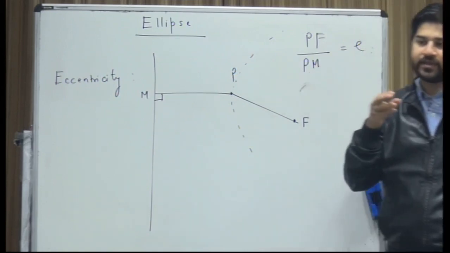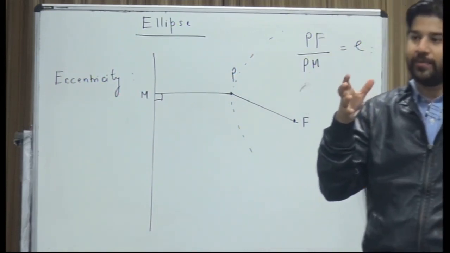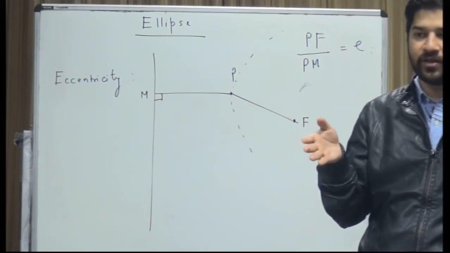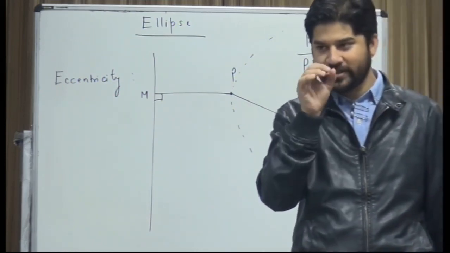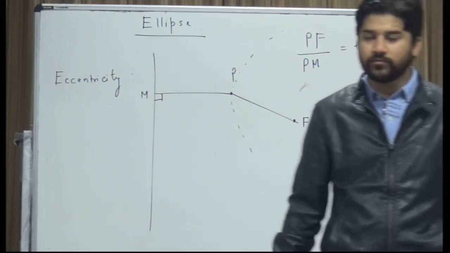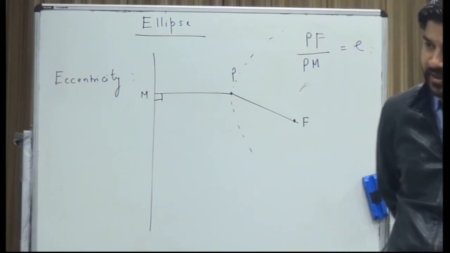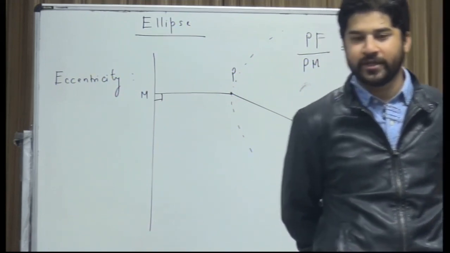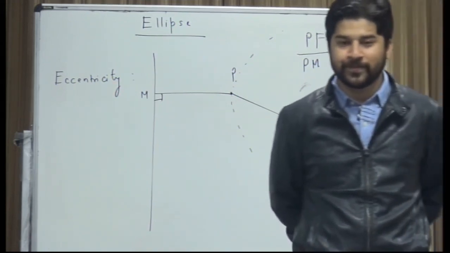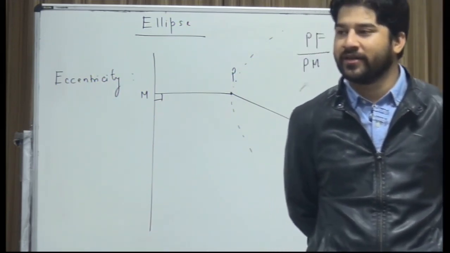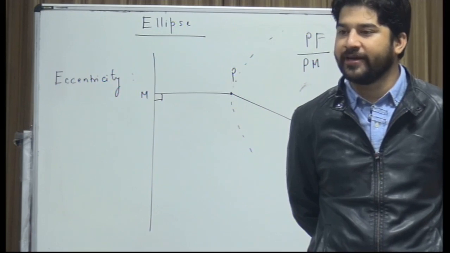What happens when the eccentricity is 0? What happens when the eccentricity gets greater than 1? When it is between 0 and 1, it is ellipse. And when it is hyperbola? Greater than 1. And when it would be circle? When eccentricity is 0.